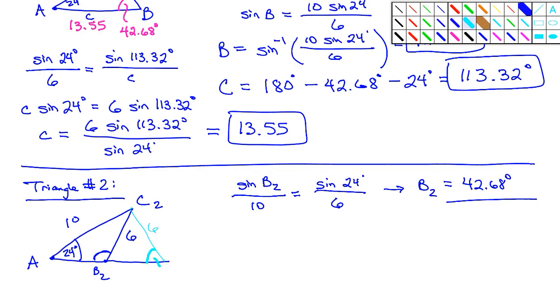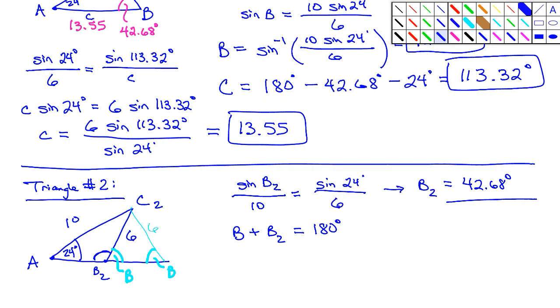So this was angle B. But because we have an isosceles triangle, with both sides of 6, the angle B that's there on the right is also the angle B that's here on the left. And those two angles are supplementary. So B plus B2 is actually equal to 180 degrees.